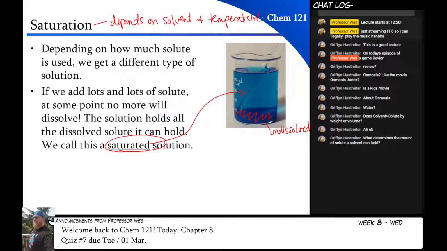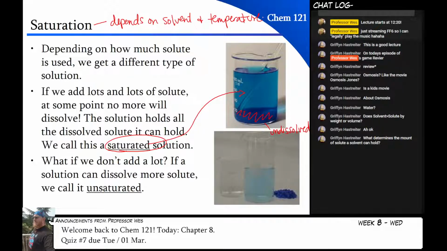Most things are more soluble at higher temperature. Now, if you don't have undissolved stuff at the bottom, then the solution is unsaturated, which means that you can potentially hold more. Unsaturated solutions will have some stuff dissolved in them, but there is no undissolved solute. Comparatively, you can look at the two solutions and say, this one's unsaturated because it's not as dark.